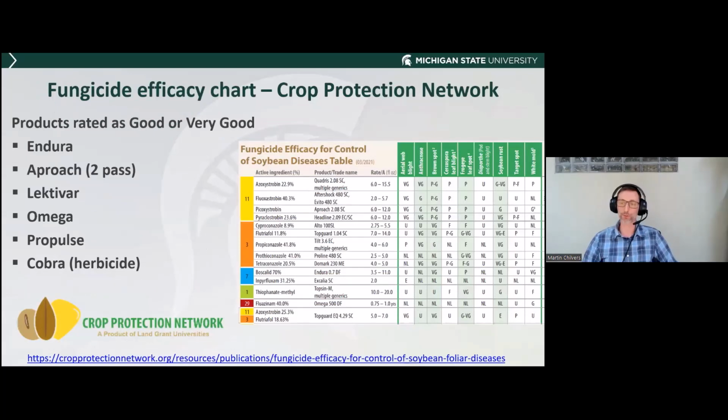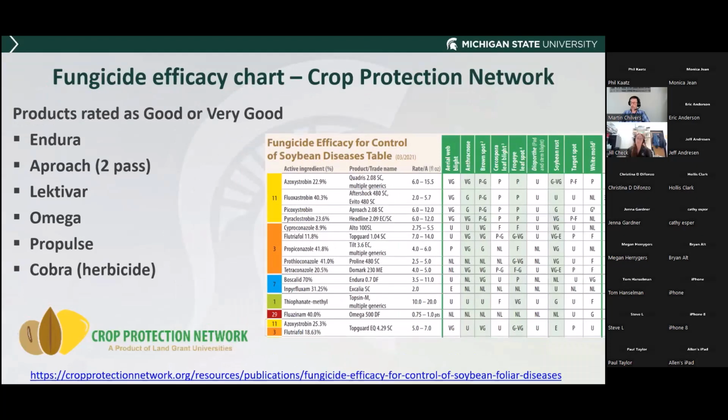Some of the other trials we do, all of this work is summarized, and we work with other colleagues, particularly Damon Smith at Wisconsin. He has a pretty strong white mold program, and others around the country. What we do is we essentially collect this information and put it into a single sheet in terms of fungicide efficacy. You can look across this fungicide efficacy sheet and look for the various diseases you might be interested in controlling, and white mold is one of those.